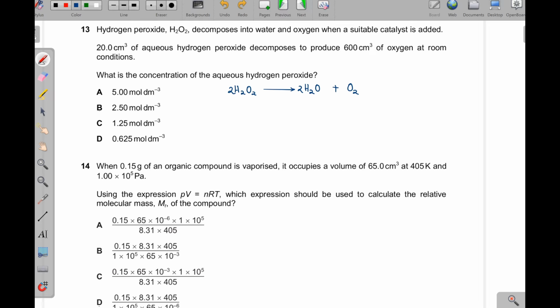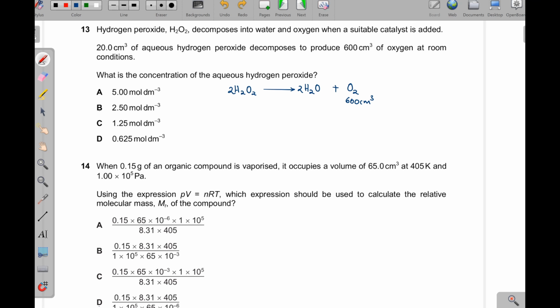Now, here we're having 600 cubic centimeters. Okay, now we need to get the moles of oxygen. So since this one is done at room conditions, we know that 1 mole of a gas at room temperature and pressure occupies 24 liters or 24,000 cubic centimeters.